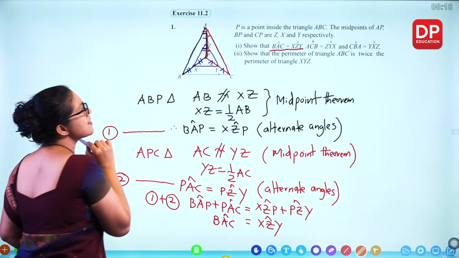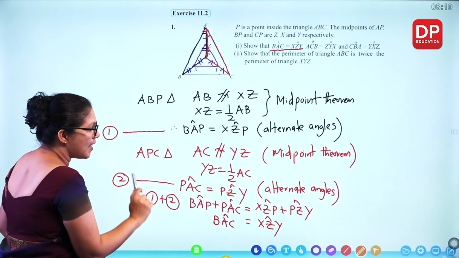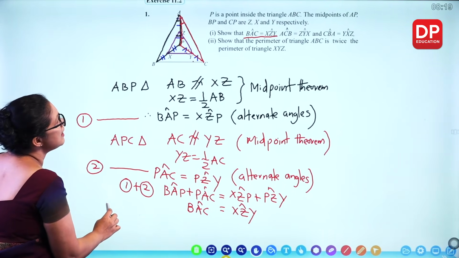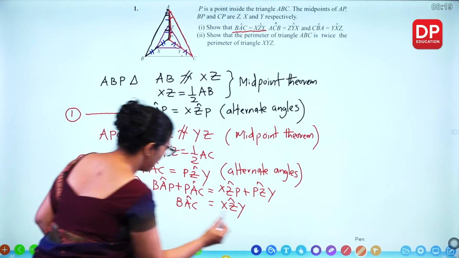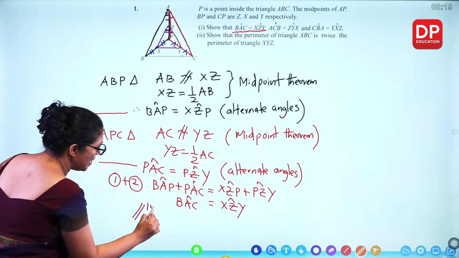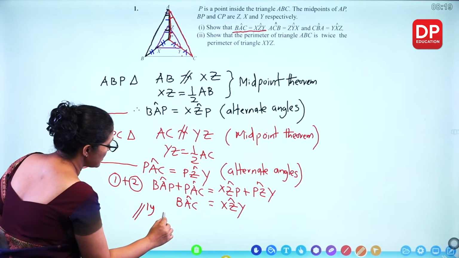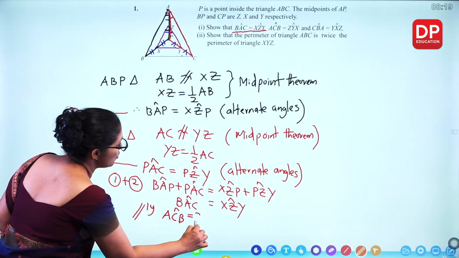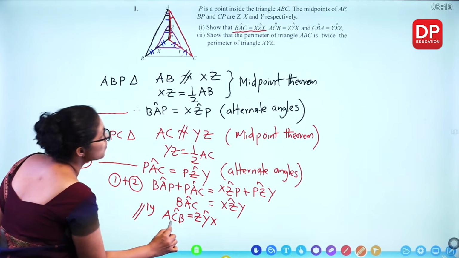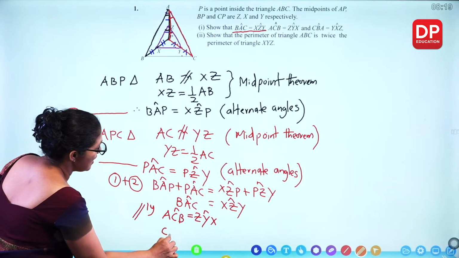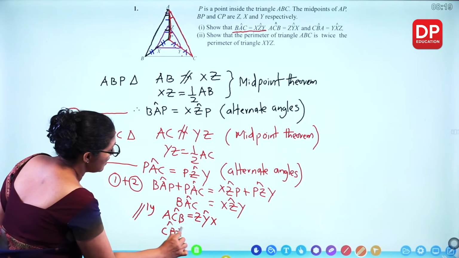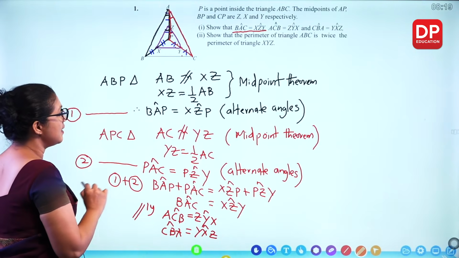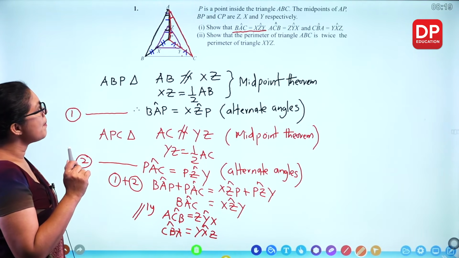Because of that, you don't need to do it again. You can write down similarly, because same procedure, that angle ACB is equal to angle ZYX as well as angle CBA is equal to angle YXZ. Now we'll try to prove the next one, part 2.